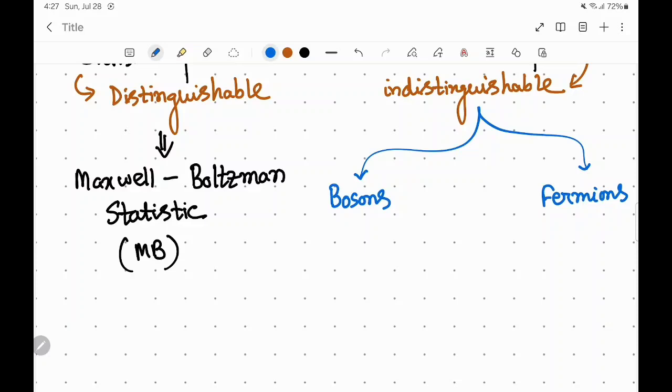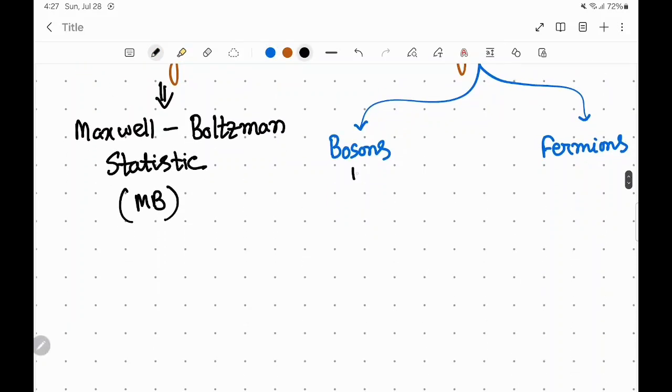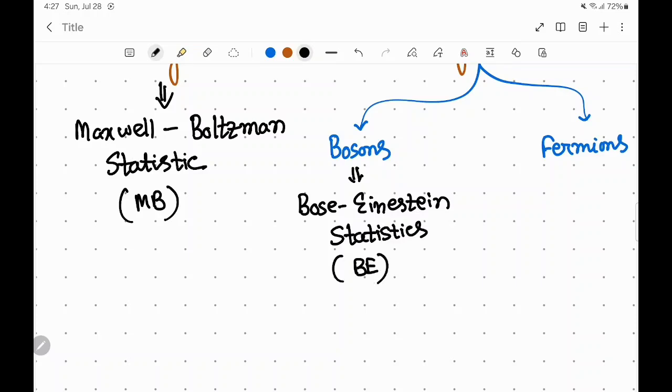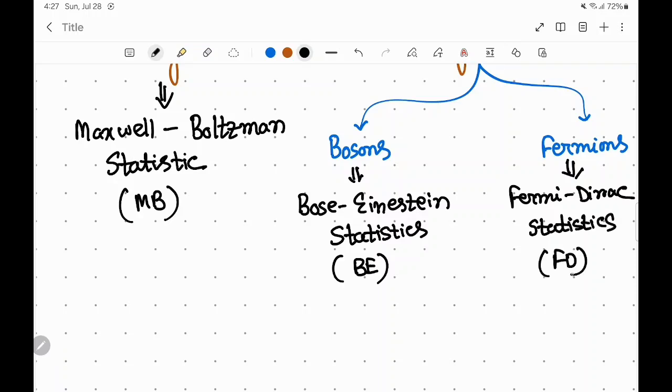Bosonic particles essentially follow the Bose-Einstein distribution, or Bose-Einstein statistics, whereas fermions follow Fermi-Dirac statistics, FD.